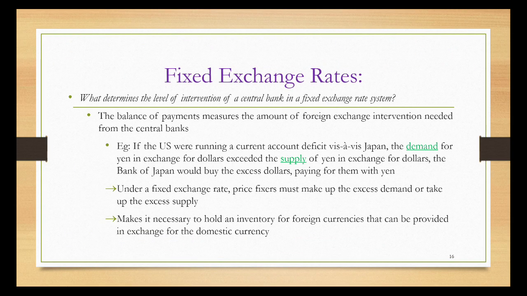Fixed exchange rates. Okay, so basically what they're trying to say, right? Okay, so the main concept is here. The central bank, who is intervening, must hold foreign currencies in their reserve. Why?